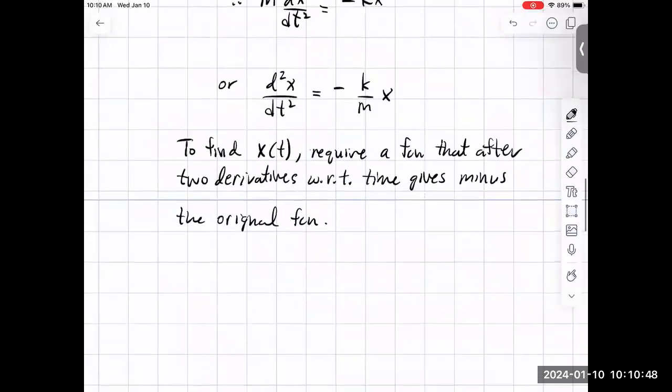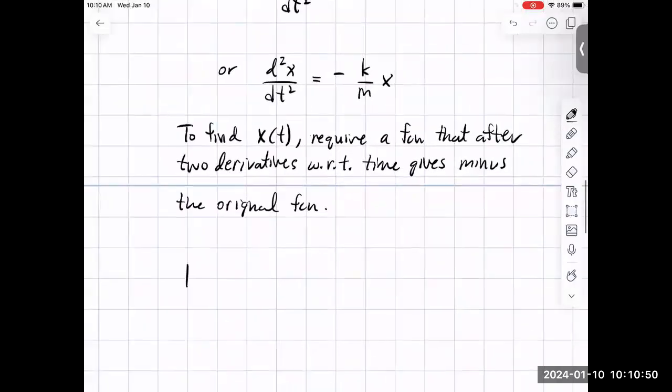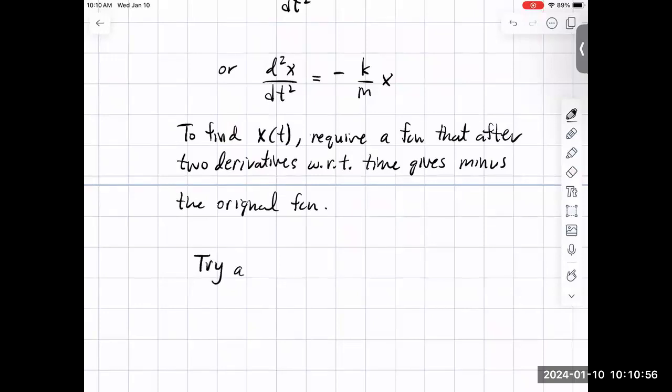So let's give a try to a solution of x equals A cos omega t.